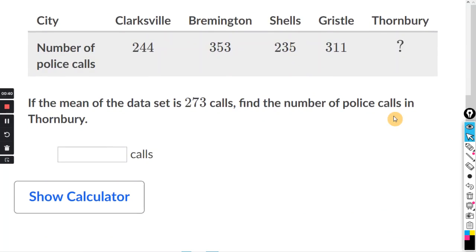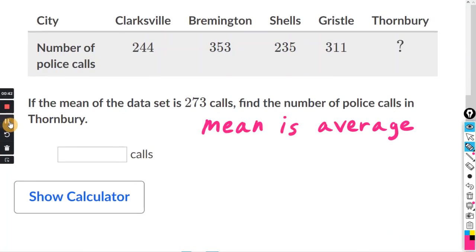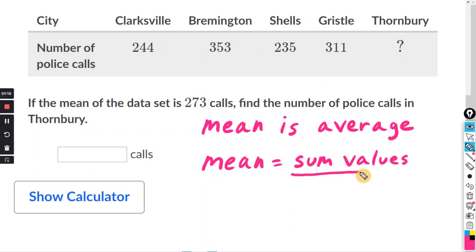So basically, if you didn't already know, mean is basically another word for average. The formula for finding the mean is the same as finding the average. The mean is going to be the sum of the values divided by the number of values.